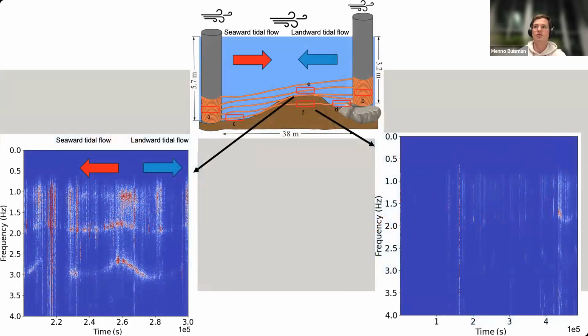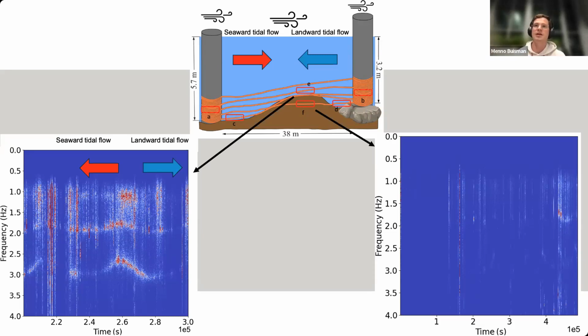Then furthermore, what we also start to notice is, because our setup is aligned with a channel, if we have a seaward flow, it is mainly the deeper pole that we measure. And if we have a landward flow, then we mainly measure the shallower pole.